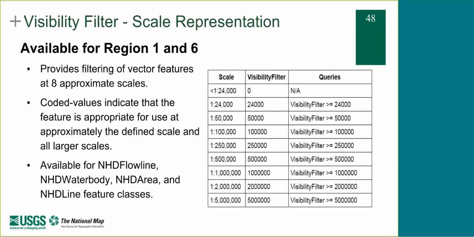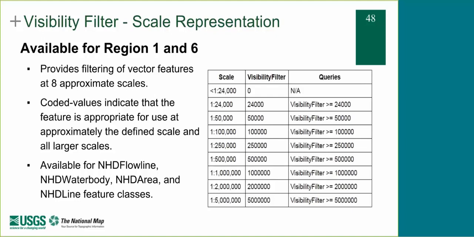So the visibility filter is essentially an attribute that we've introduced into the NHD source data that's used for scale representation. This attribute is currently available in the NHD dataset, and it's applied to the NHD source data.